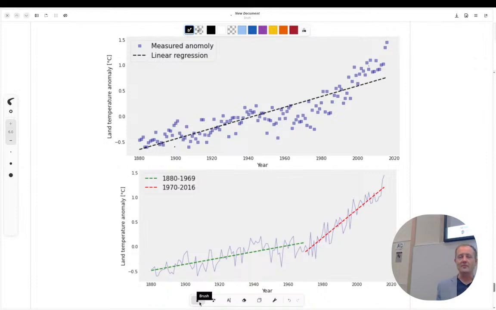A lot of people call it the goodness of fit, but you can have a very low R-squared with a very bad fit. Okay, yeah, so the variation of the data versus the variation of your model.